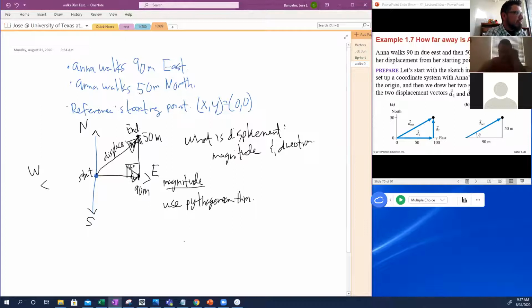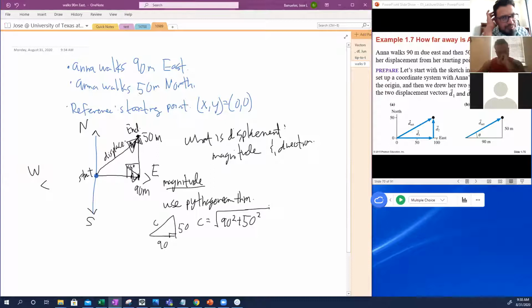We have a nice right triangle, 90 on one side, 50 on the other. If this is side C, then C is equal to the square root of 90 squared plus 50 squared. Everybody following? Does that make sense? If you punch it into a calculator, you'll get an answer out. I'll let one of you type it out and let me know once you have it.